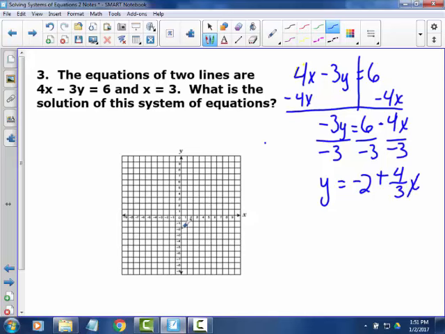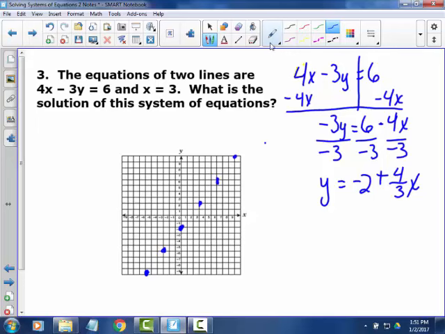So that tells us we begin at negative 2 on the y-axis. We rise 4, and we run to the right 3. And repeat. 1, 2, 3, 4. 1, 2, 3. Okay, and going the opposite direction, down 4, to the left 3, and repeat.